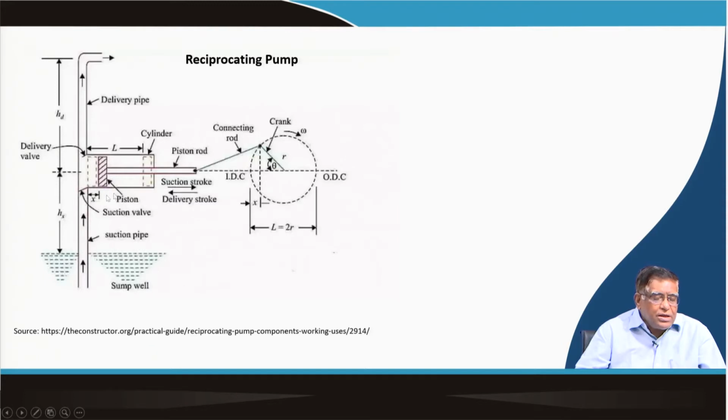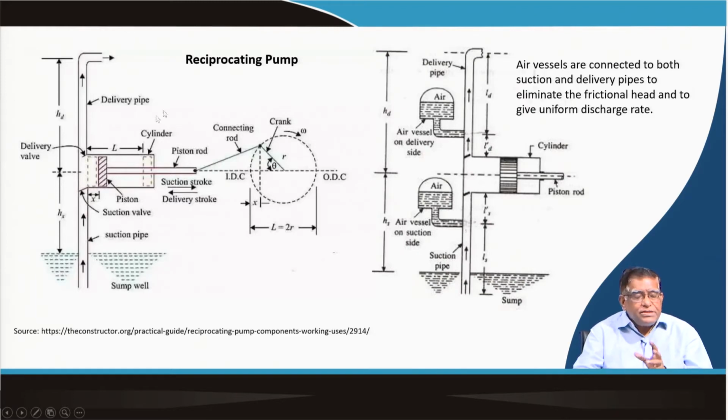Now, when the piston goes towards this direction, a low pressure is created over here, so the water comes in. When it moves again in the other direction, this valve gets closed and this valve gets opened, and the water which came inside is delivered over here. So, this is the basic principle of your suction pump.